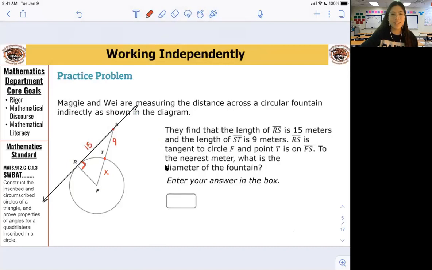Yeah, teamwork makes the dream work. Okay, so maybe we could do a proportion. So 15 over 360. But what's 15? Not really, right?